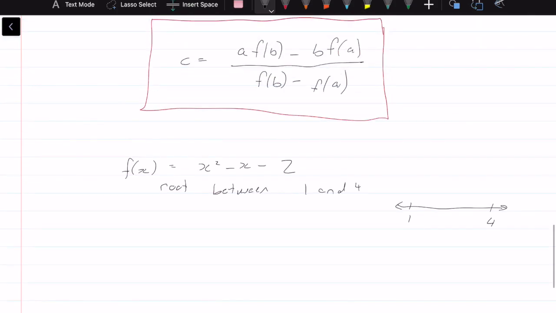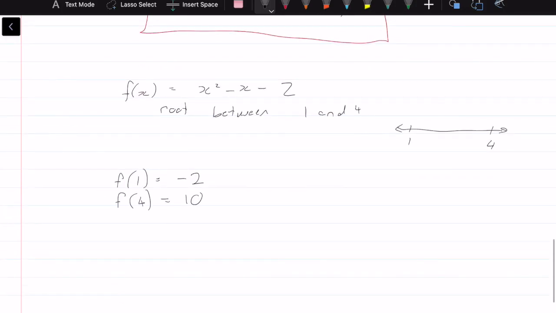Again, like last time, we need to make sure that these two have opposite signs, and we know that they do. f of 1 is equal to minus 2. f of 4, if we substitute 4 into this equation, is equal to 10, so they have opposite signs. So let's put the signs in there, plus minus. Now we can work on getting c1.